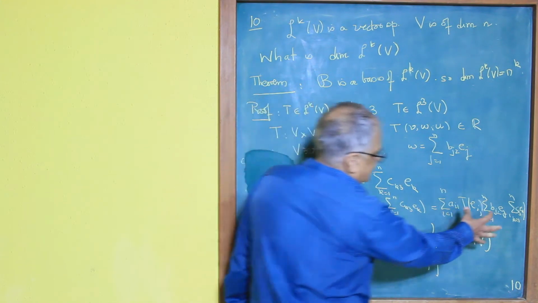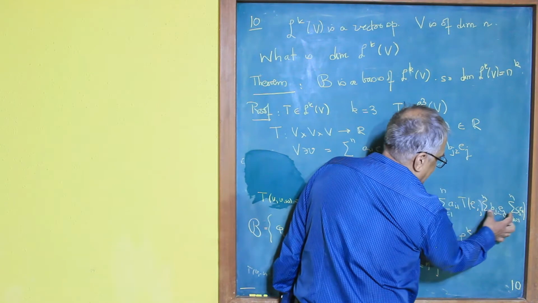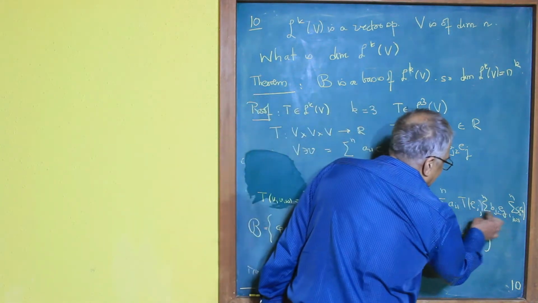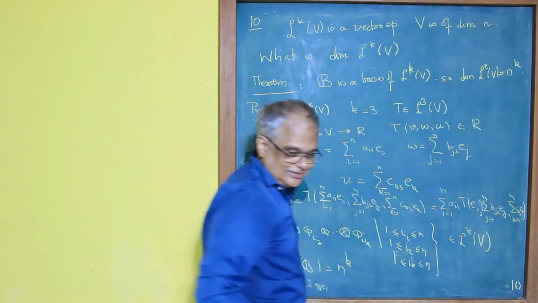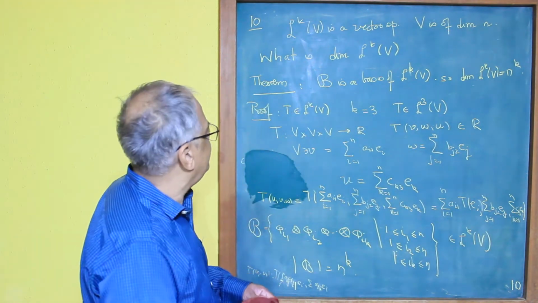Now I can do the same thing with this. T of e_i: keep this fixed and keep this fixed and bring this sum out. And then I will keep these two fixed and take that sum out. So what is it that I'm going to get finally?